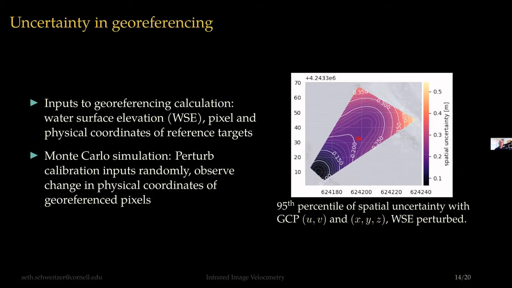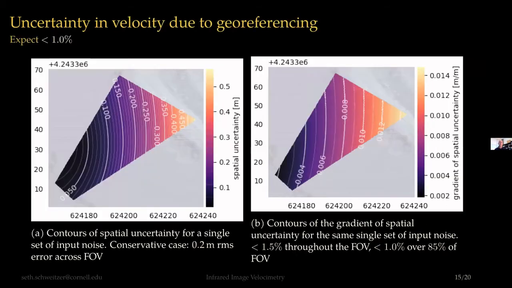But when we're taking a single measurement, we actually have one set of unknown noise or error in our inputs. To look at the implications of that, this is a single case corresponding to a 95th percentile bad case, if you will, where the inputs had a larger than normal amount of noise associated with them.